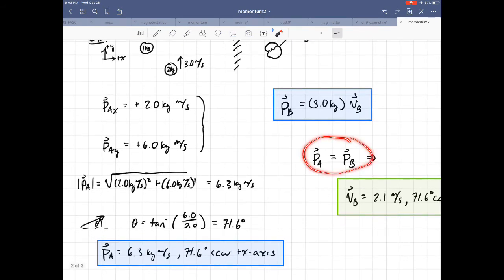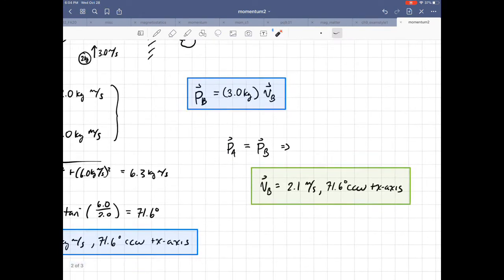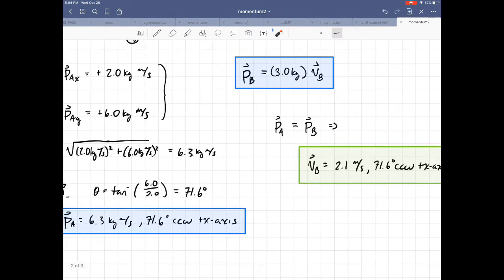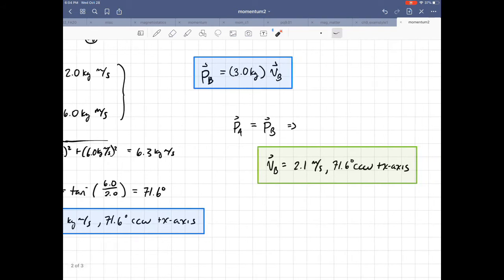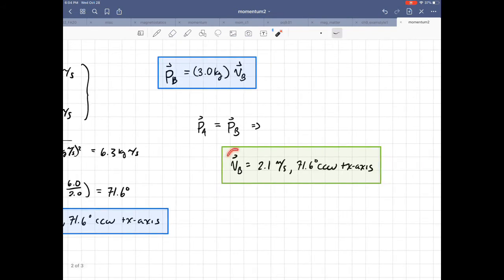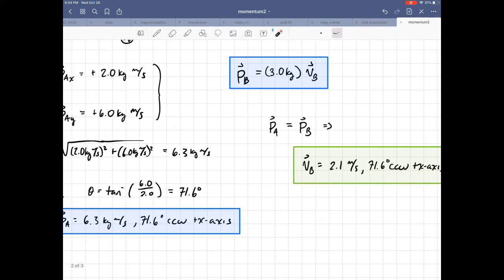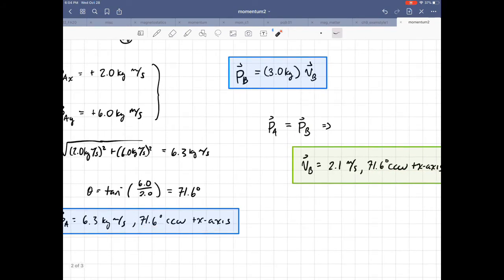And the total momentum has to be equal to the total momentum in A. So that means I can immediately take this 6.3 kilogram meter per second and divide by the 3 kilograms. And I get that my velocity at the end after the collision is 2.1 meter per second. The direction is the exact same direction as my momentum vector before the collision.